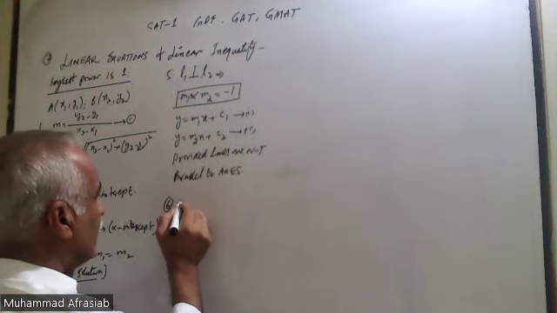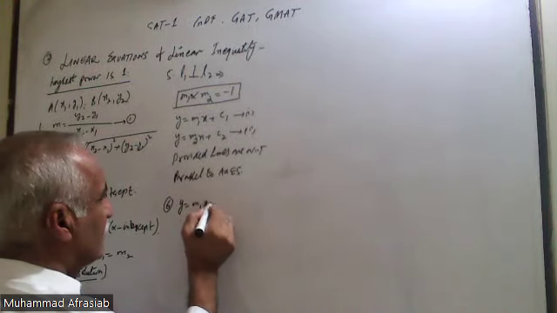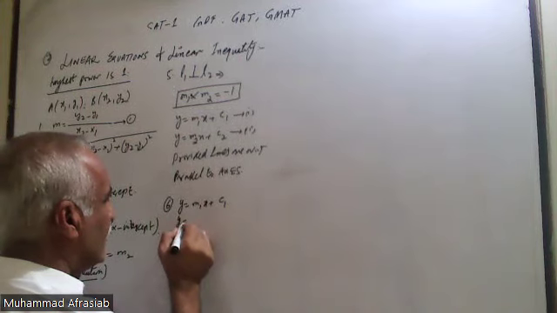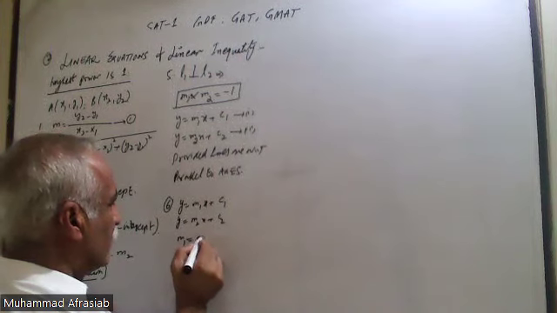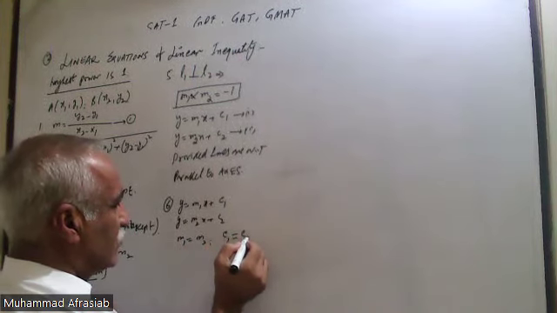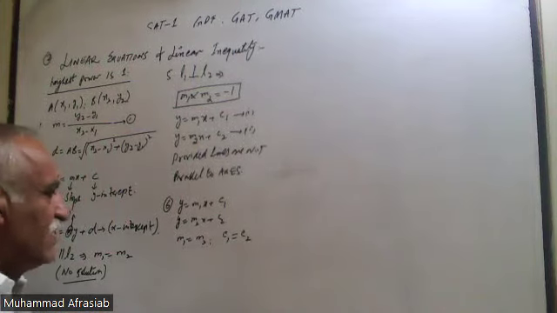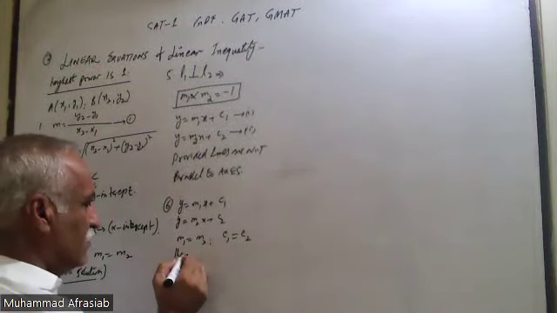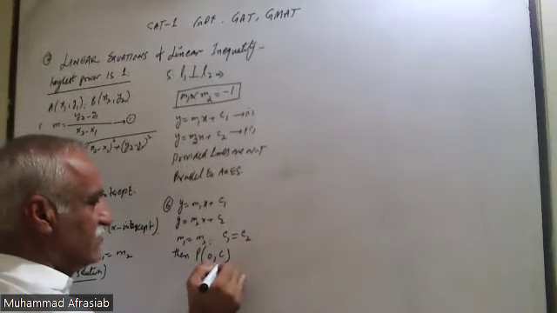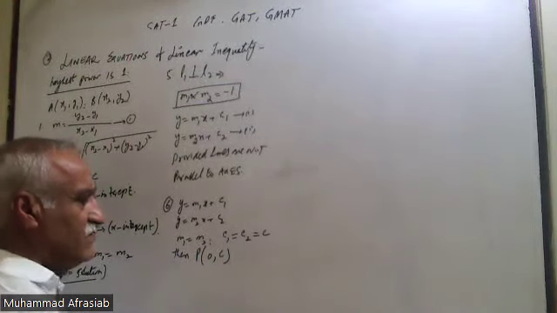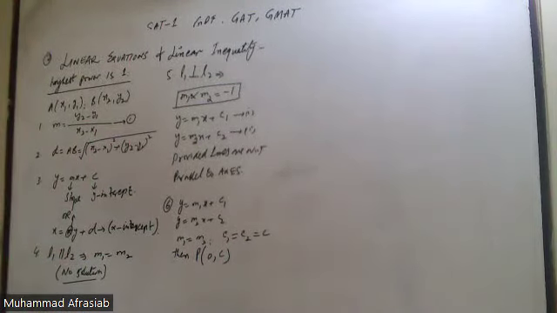If y equals m1x plus c1 and y equals m2x plus c2, where m1 is equal to m2 and c1 is equal to c2, then the point of intersection between these two is (0, c). If c1 is equal to c2, equal to c, then the point of intersection of these 2 lines will be (0, c).